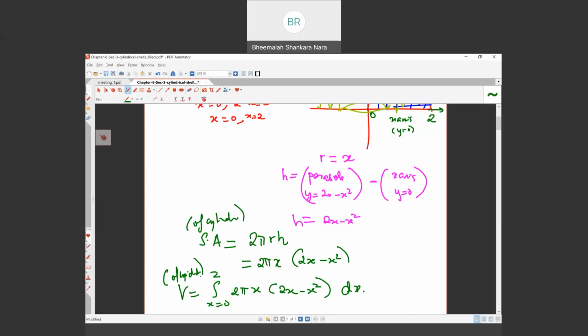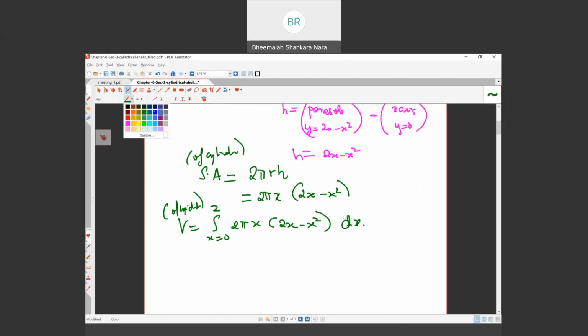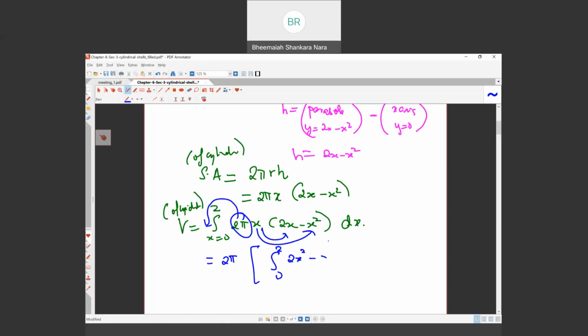Now let's do calculations. Factor this 2 pi outside, which is the constant of integration, and then multiply x to both the terms. So this is 0 to 2, 2x squared minus x cubed, then we have dx.